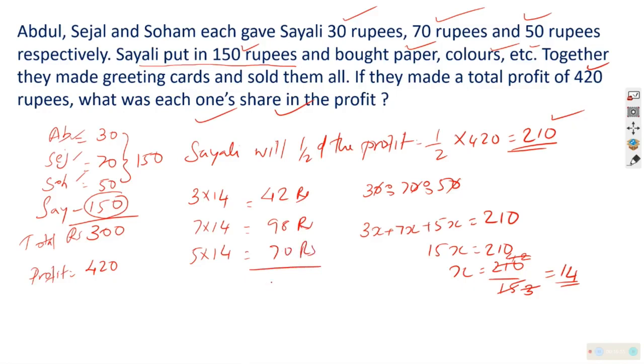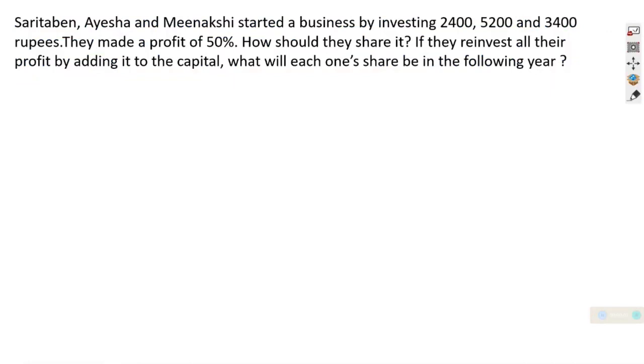As a check, we can add these to see that the total is 210. Correct. This way the money will be distributed. Understood? And this also I will explain for you, because this is a different concept.